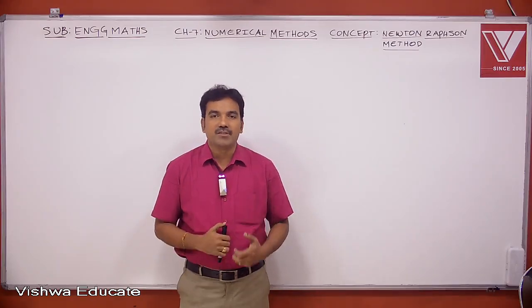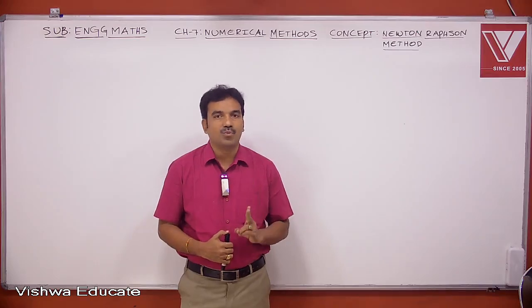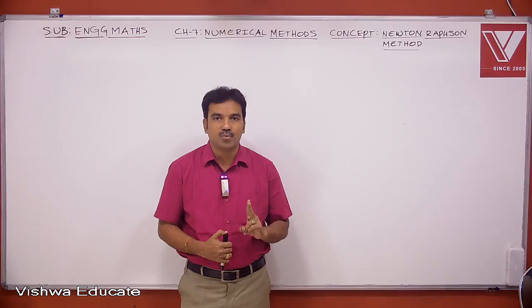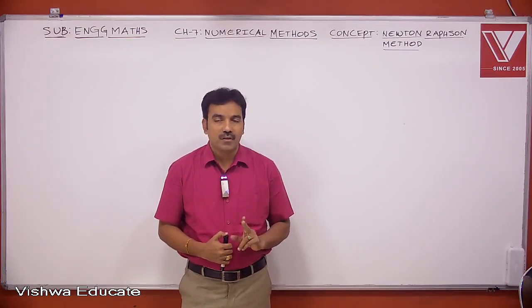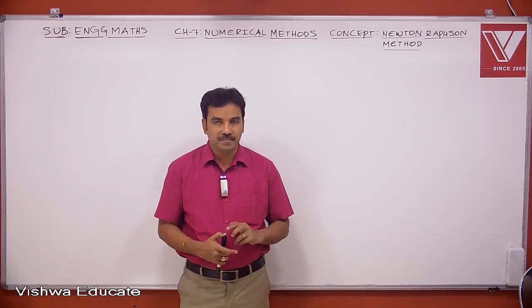When I deal with, for example, x square plus 5x plus 6 equal to 0, it has exactly two roots. Those roots can be real or complex, they can be anything. But generally, when you deal with second degree polynomial expression, we have exactly two roots. All the roots can be real roots, all can be complex roots. But one real, one complex cannot be possible for second degree equation, right?